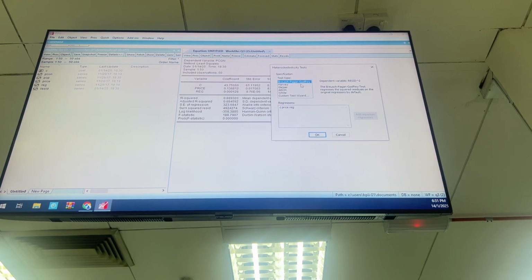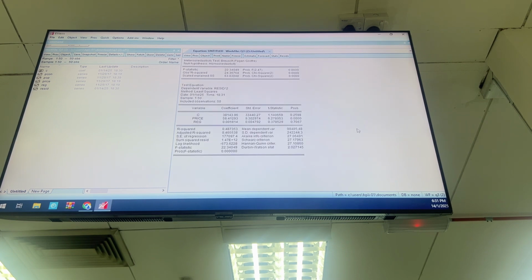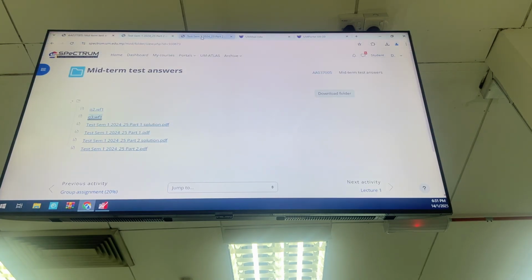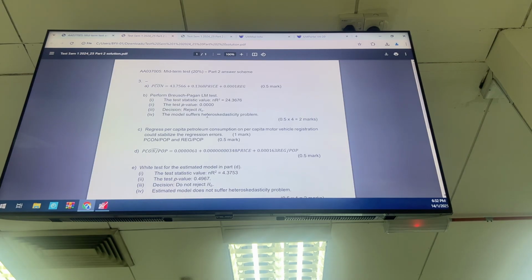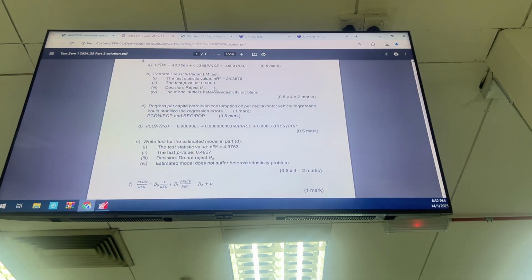First one, the Breusch-Pagan. Then you just look at the test statistic and the p-value. So the p-value is 0, reject the null, the model suffers from a heteroscedasticity problem.